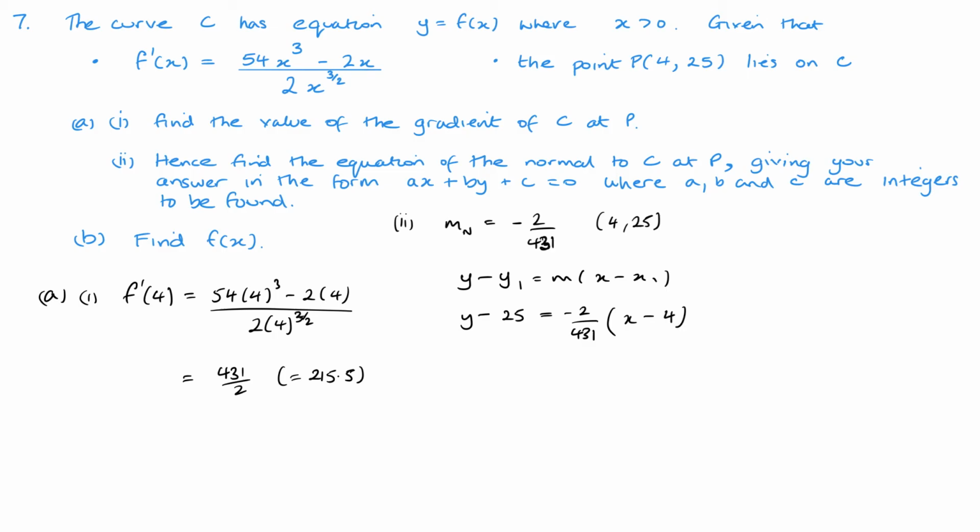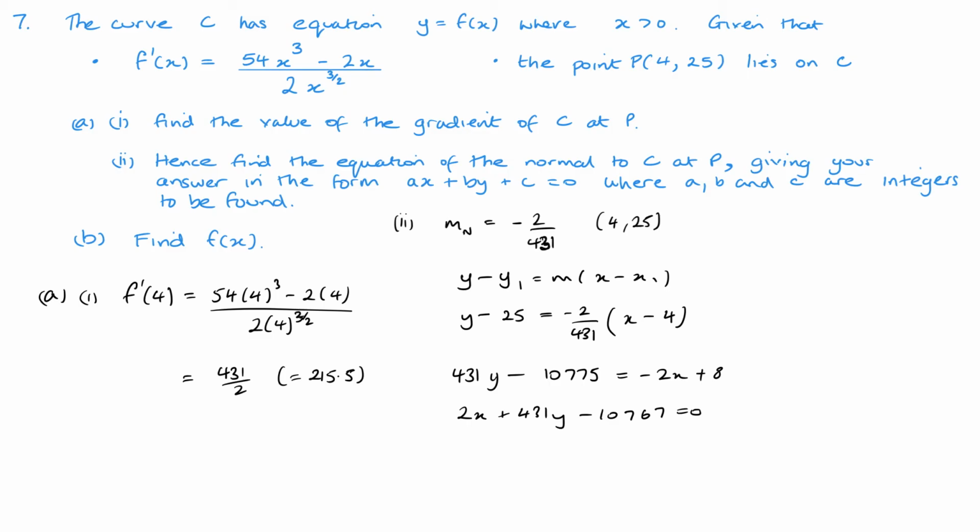Not particularly nice, is it? 431y minus, now 25 times 431 is a very large number. And we've got minus 2x plus 8. Take the 2x over the other side, 2x plus 431y, and then we've got a minus the 8, so 10,767. And there we have it.